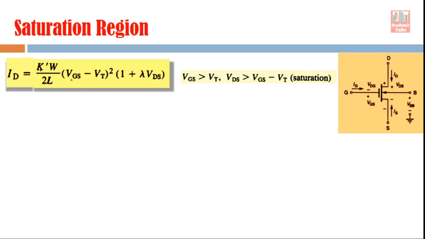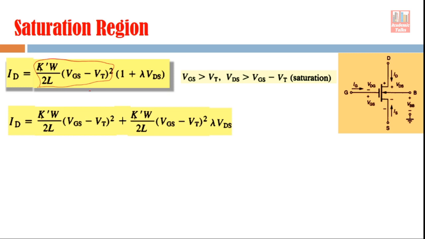Now in order to draw its equivalent circuit, let's simplify this equation first. You see here there is a factor 1 plus lambda VDS. So what we do is take this whole part as one unit, and multiply it first by 1 and then by the second part.